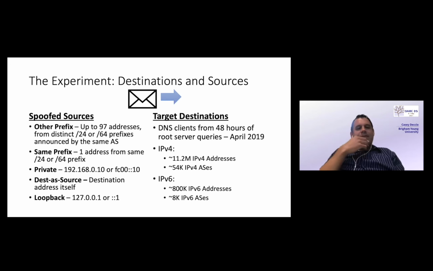Then we sent a packet using a source address that was the same as the destination address, which is sort of like receiving a letter from yourself and actually processing it. And finally, we sent queries from the loopback IP address, just to see if anything would pass. Let's take a look at some of the results that we got.